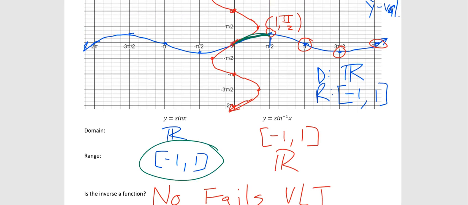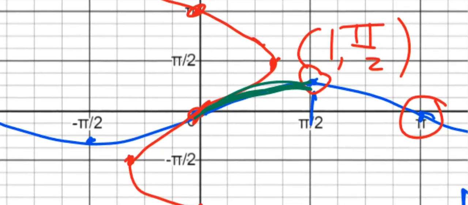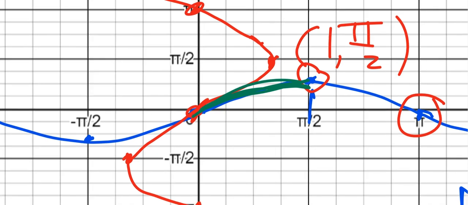Now, if you look at the green stretch that I've highlighted right now, what's the range of that green stretch only? From 0 to 1, right? Is that equal to the range of the sine function? No, it's not. Okay, so that will be our second criteria that we look at.